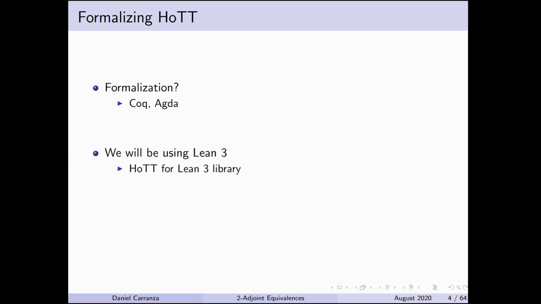I will be using Lean 3, which has support for homotopy type theory using the HoTT for Lean 3 library, which is the library that I was mentioning before. It has contributions from a few different people, and I think it's maintained by Gabriel Ebner and Floris van Doorn, who are good guys they are.